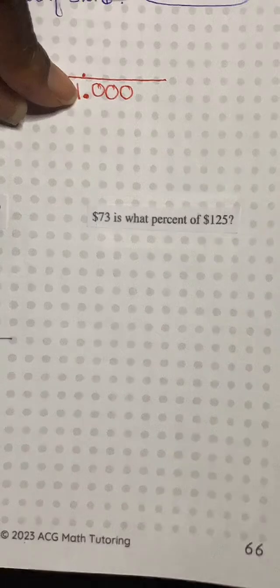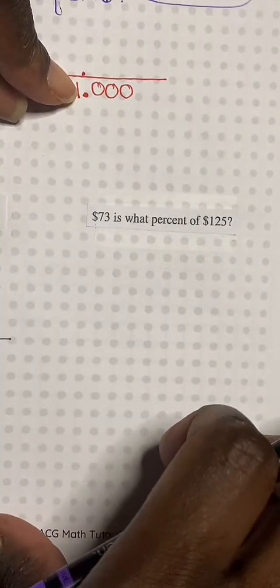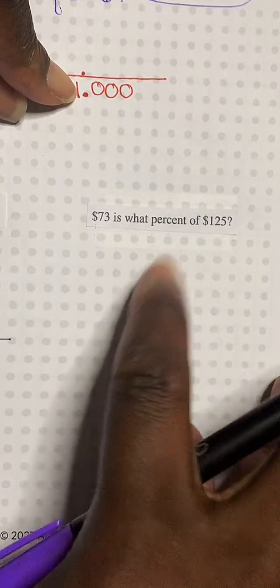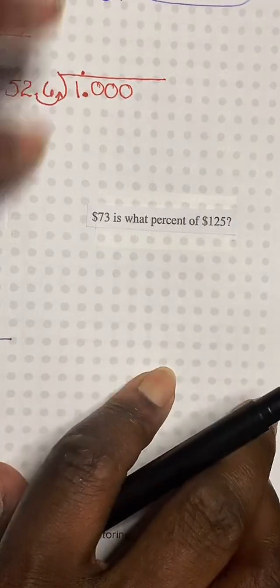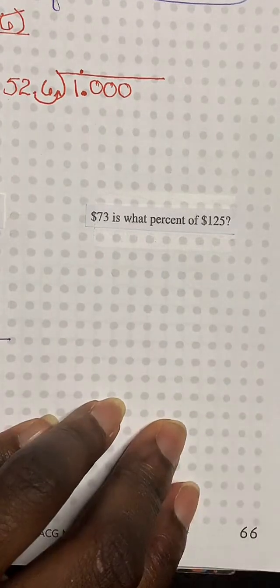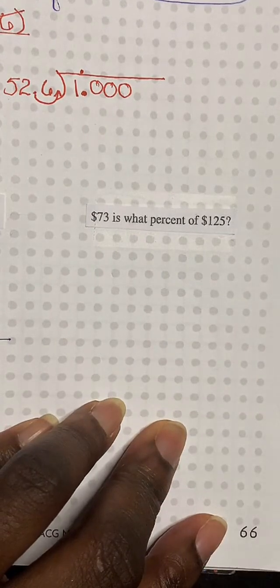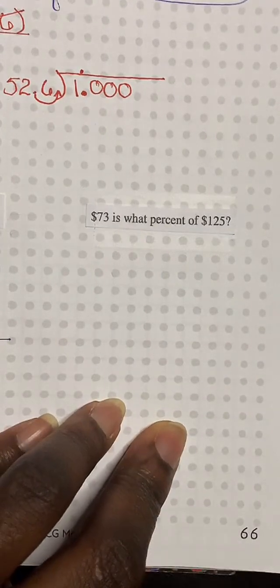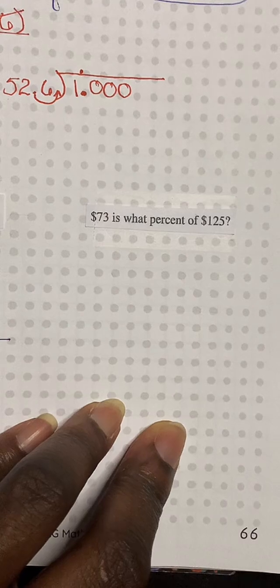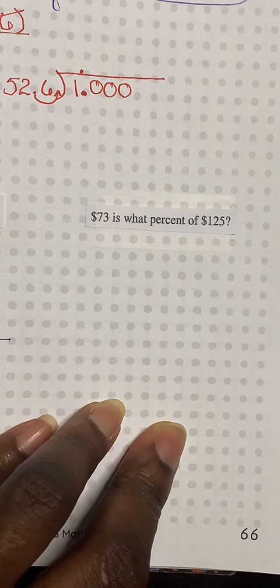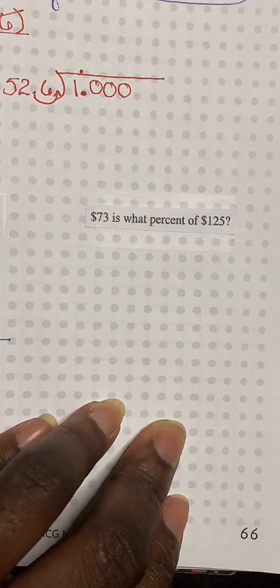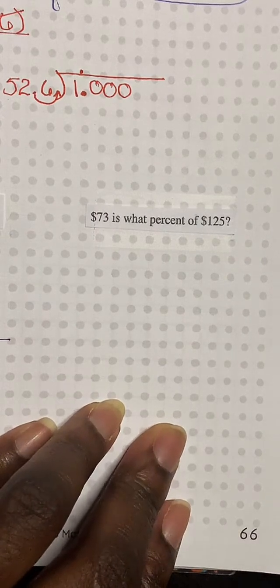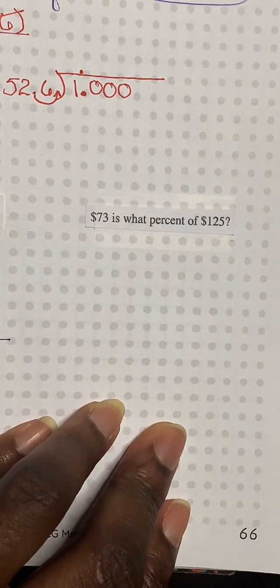So 73 is what percent of 125? Now this is real world here. What do we got? Is it exactly 58, Roy? Or is there a little bit after it?